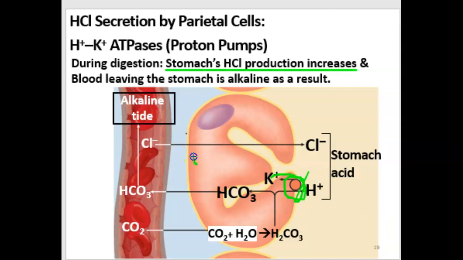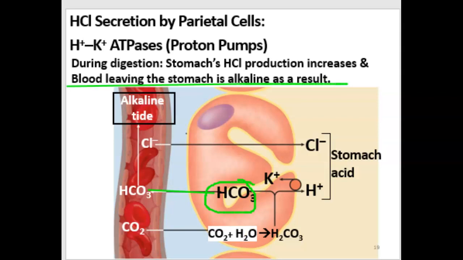And that will happen in response to binding of a signal on this side. But a byproduct of that is also bicarbonate production. And that bicarbonate doesn't go into the lumen, it goes into the blood instead. So blood leaving the stomach is alkaline as a result.